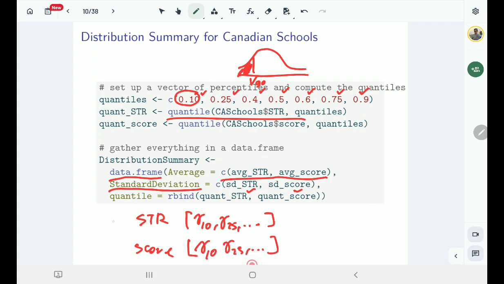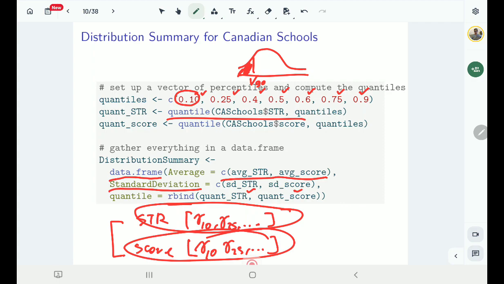Okay, so what is the rbind function doing? That is basically binding together two row vectors. You see, this is a row vector and this is another row. So rbind is putting them together, binding the rows. Okay, keep that in mind. And then you put all these columns together and put all of them into one container called a data frame.